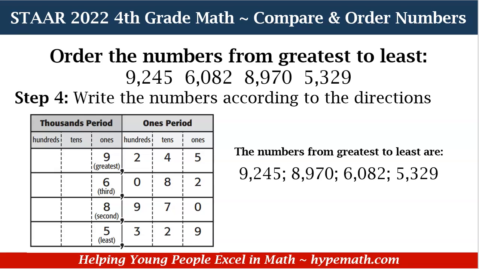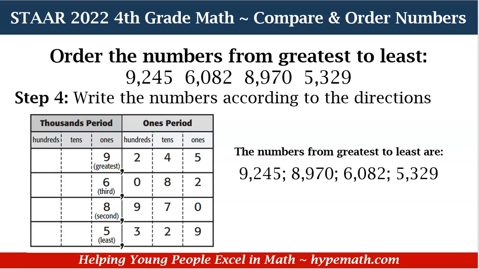We see that there's a 9 for 9,245, a 6 for 6,082, an 8 for 8,970, and a 5 for 5,329. Now, since we are ordering from greatest to least, what we need to target is asking ourselves, well, what's the greatest or biggest number between 9, 6, 8, and 5?